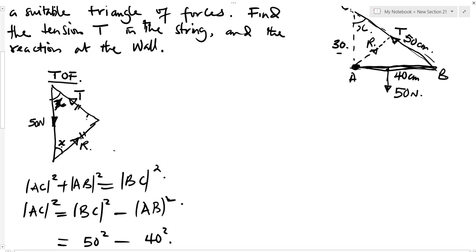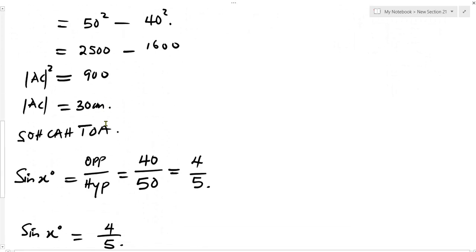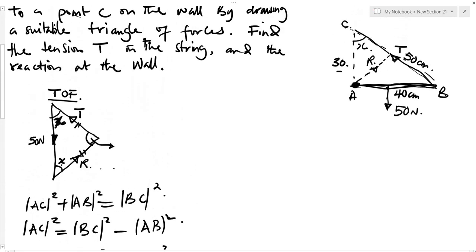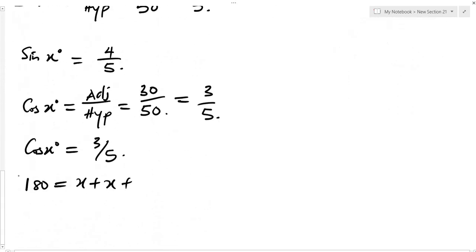So now, this angle here will be, the sum of angles of a triangle is equal to 180. So 180 is equal to x plus x plus, let me assume here is y. So x plus x plus y is 2x plus y.